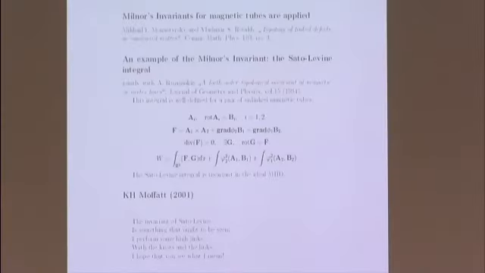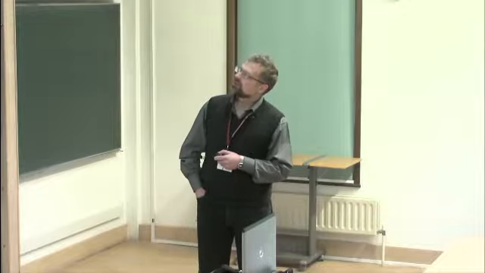They applied the Milnor invariant for MHD. And a competition was organized 20 years ago, and I was involved in this competition by Alexander Ruzmaikin, and we proposed one integral of a Massey type.